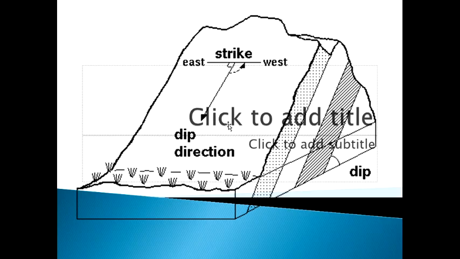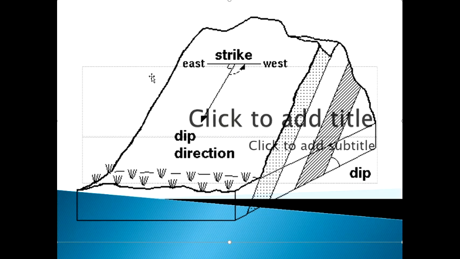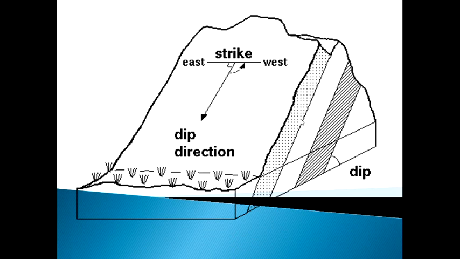Here's a closer view, and you can see some beds dipping here, and you could imagine walking up to this area, looking at it, and you could measure this angle. Typically what I would do, I'd take my canteen or my water bottle, I literally would pour a little water on the rock.